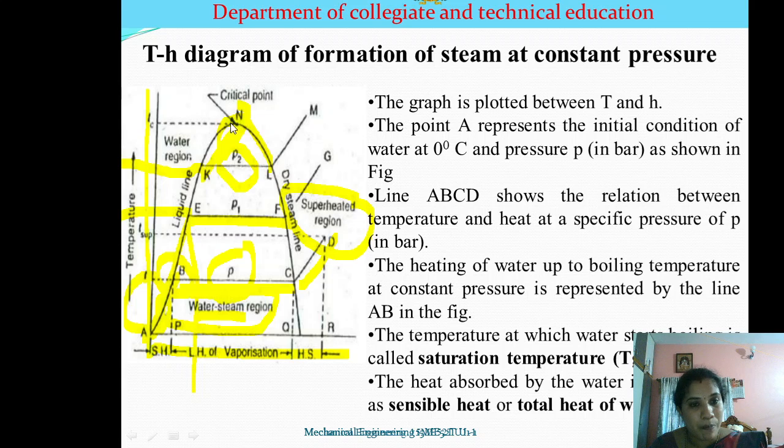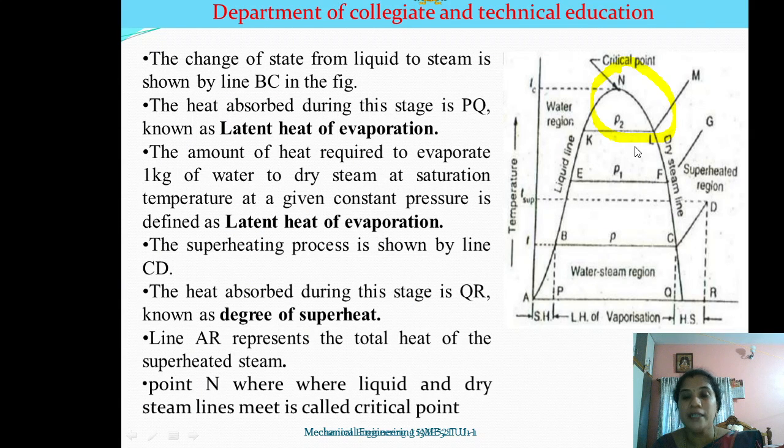It will reach a point where the latent heat of evaporation will become 0. That particular point is referred to as the critical point, where the liquid line and the dry saturation line meet.